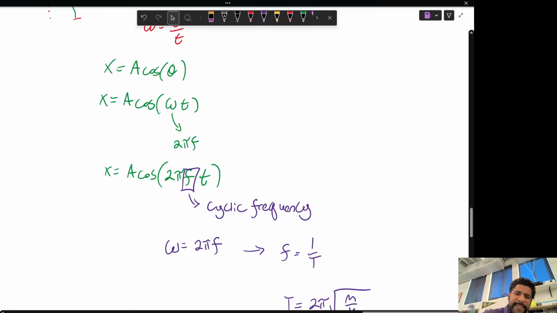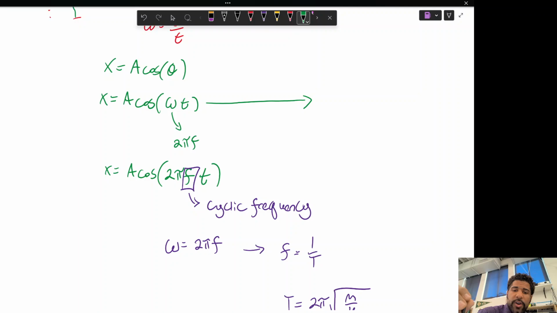And this is the same omega that is found in here. So that means for a mass on a spring, this omega can get turned into a cosine. That's freaky. But that's not on your formula sheet.